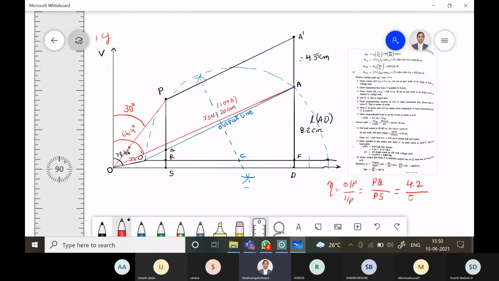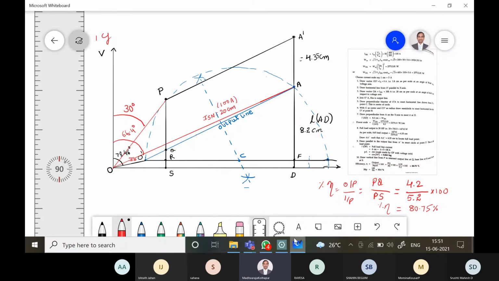I got 5.2 centimeter as per the problem. Okay, multiplied by 100. So the percentage efficiency will be 80.75%. That is the efficiency.